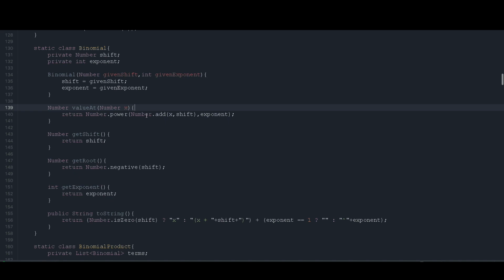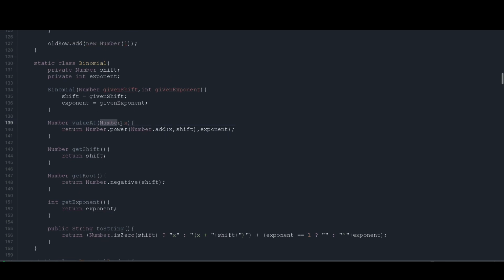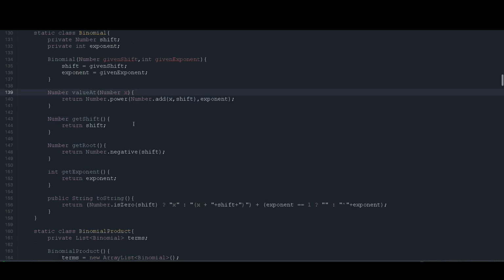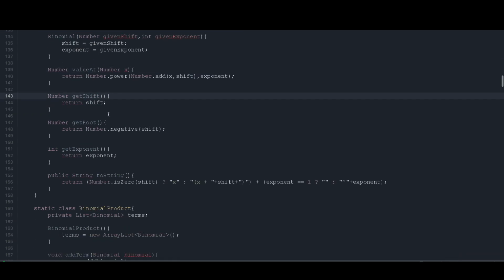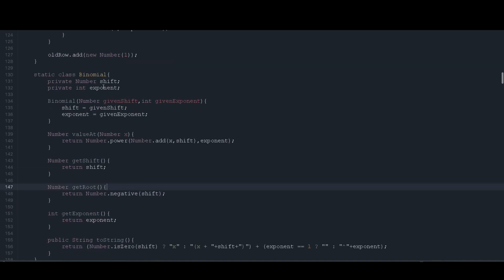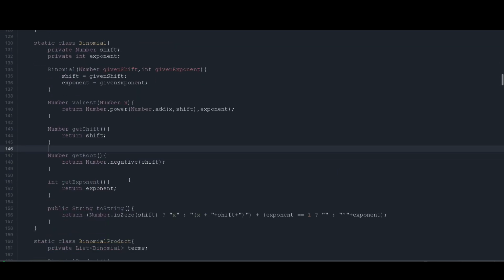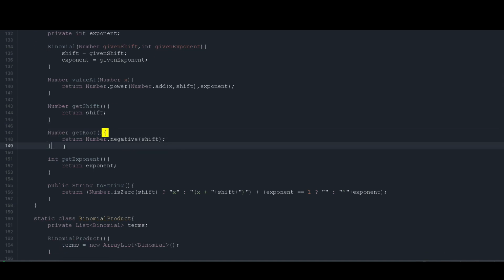Value at just calculates the value at the point given. This just returns the shift. This just returns the root, so that's just the negative of the shift. This is used, if you remember, substituting the root canceled all those terms, so the root is very important.